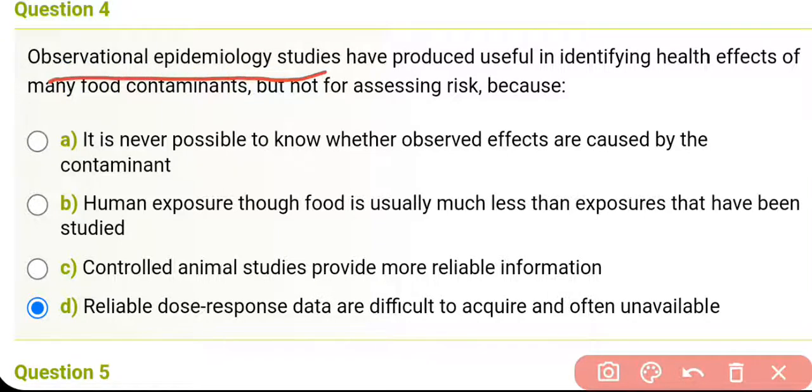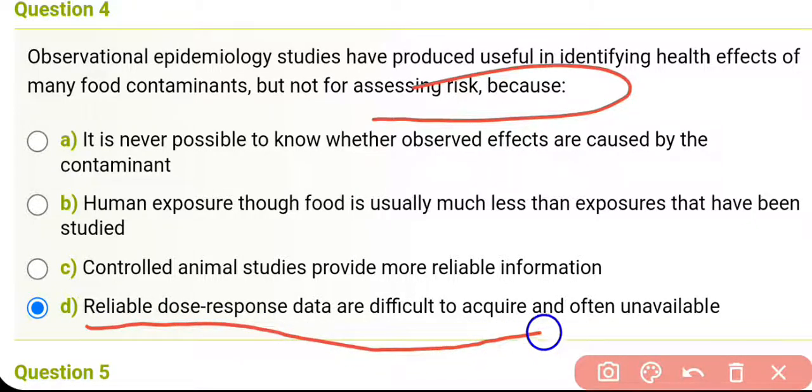Studies have produced useful results in identifying health effects of many food contaminants, but not for assessing risk, because reliable dose response data are difficult to acquire and often unavailable. We don't have sufficient reliable dose response data for all kinds of additives, chemicals and pesticides.